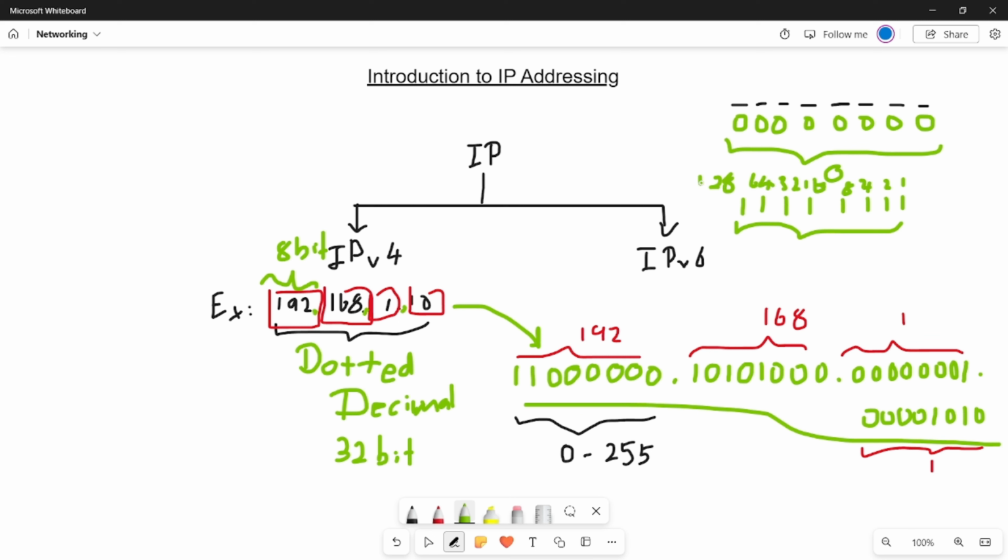If we add those numbers together, we get 255 as our result. So in one slot we can only store numbers between 0 and 255. We have to remember this clearly.